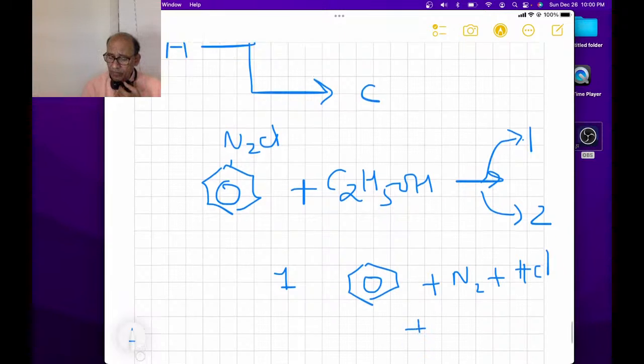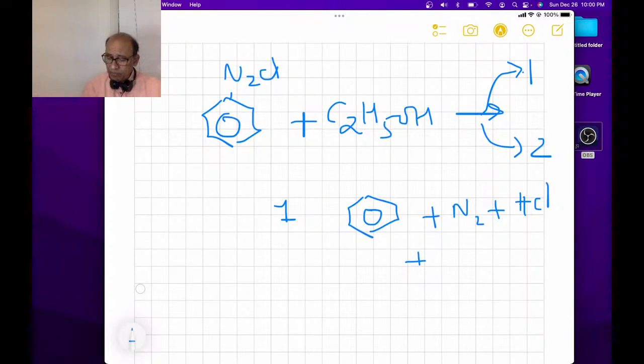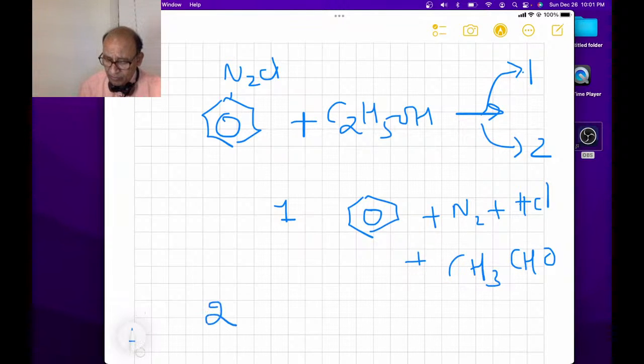plus CH3CHO, acetaldehyde. Then in the second path, the product is different.